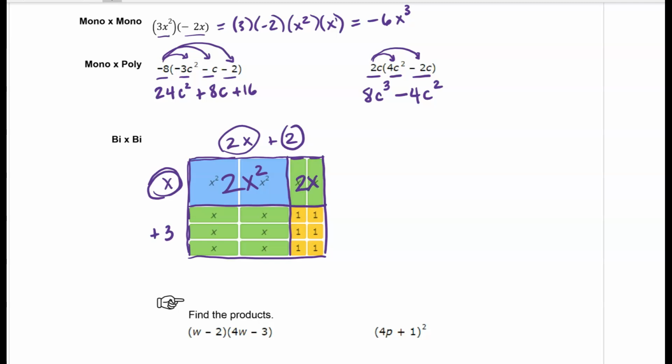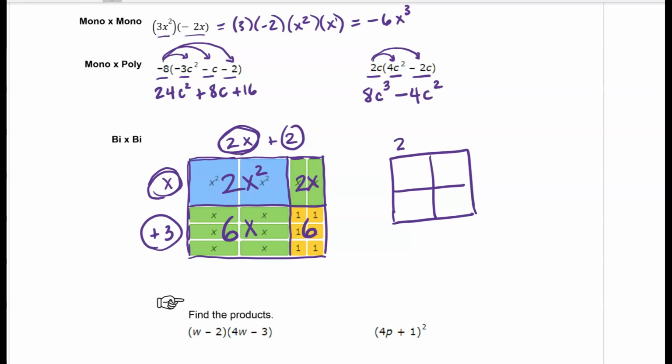I have 2x. If I multiply 2x times 3, then I get 2 times 3 is 6x. And that's how many x's were in my model. If I multiply 2 units times 3 units, then I get 6 units right here. Let me write that out to the side so you can see what it would look like without the model.